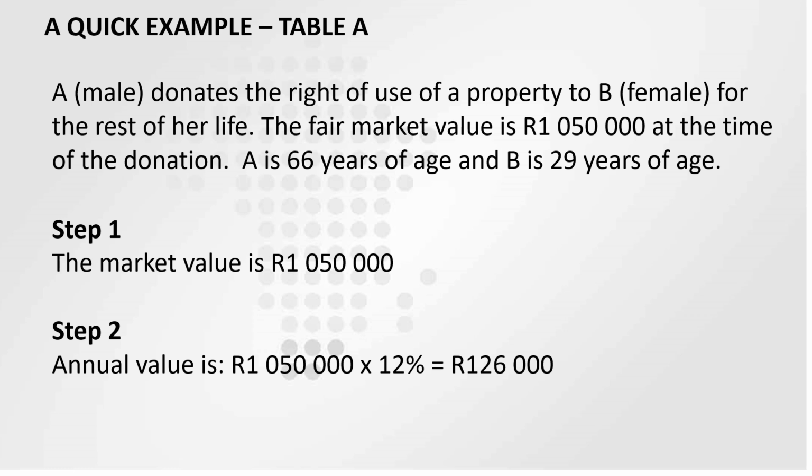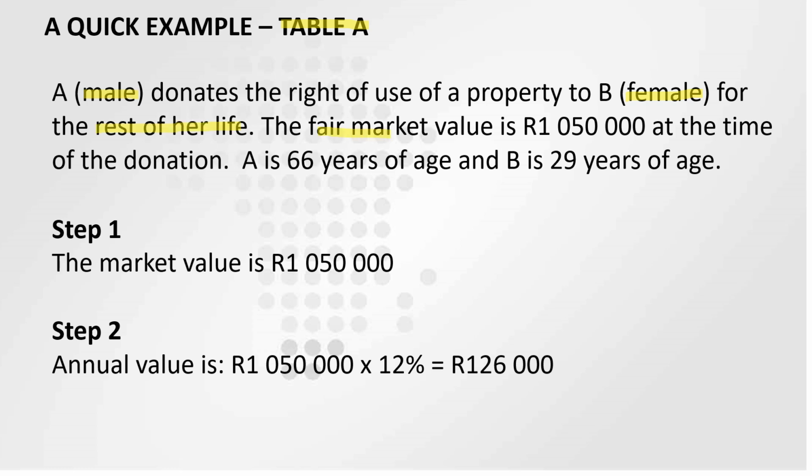Let's move on to an example where we will be using Table A. If A donates the right of use to property to B, now it's important to know whether they are male or female because that's how Table A works. It's got factors for male and female. We know it's for the rest of B's life.